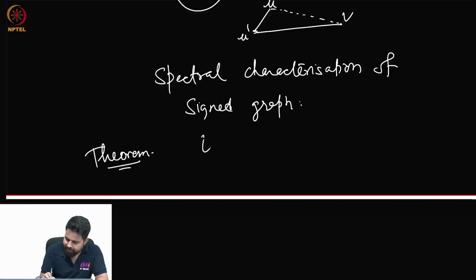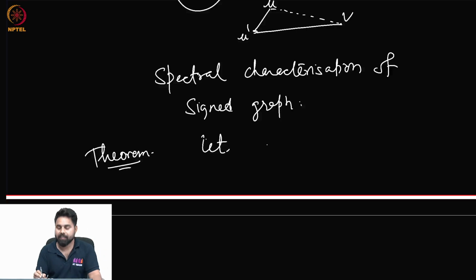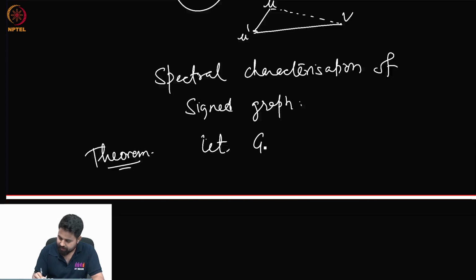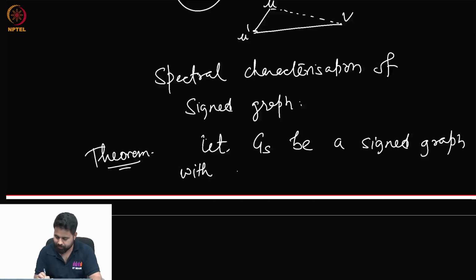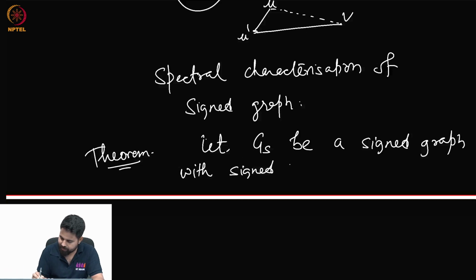Let GS be a signed graph with the corresponding signed adjacency matrix.